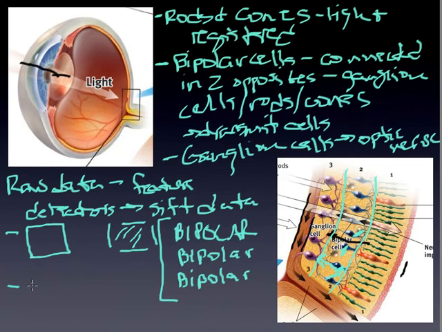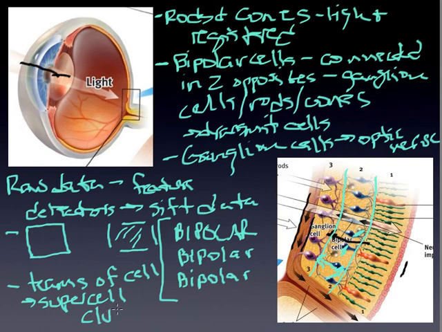And we also have teams of cells, which are often referred to as supercells or supercell clusters, that get even more sophisticated in processing the data as it comes in more and more abstract form. And that's very much a part of how this whole thing comes together.